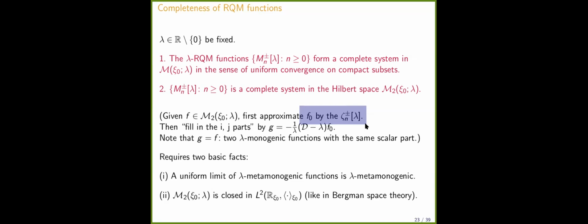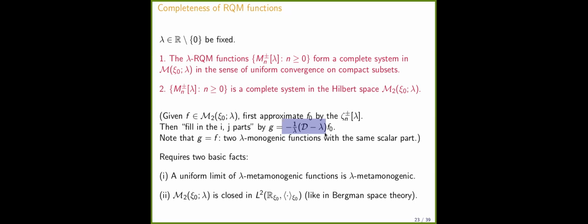We can approximate the scalar part f naught by the real valued classical two variable Mathieu solutions, the corresponding metamonogenic functions. And now we need to fill in the i and j parts. One way is to write down the series and use those same coefficients for the i and the j parts, but it's very hard to see that that converges.